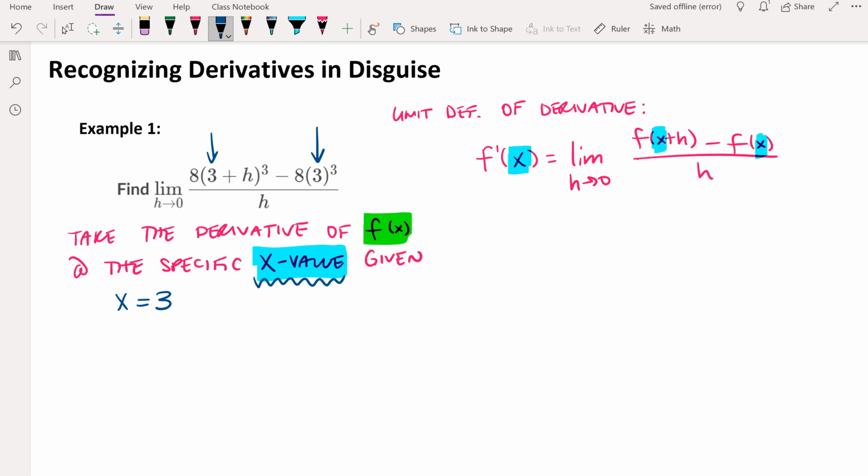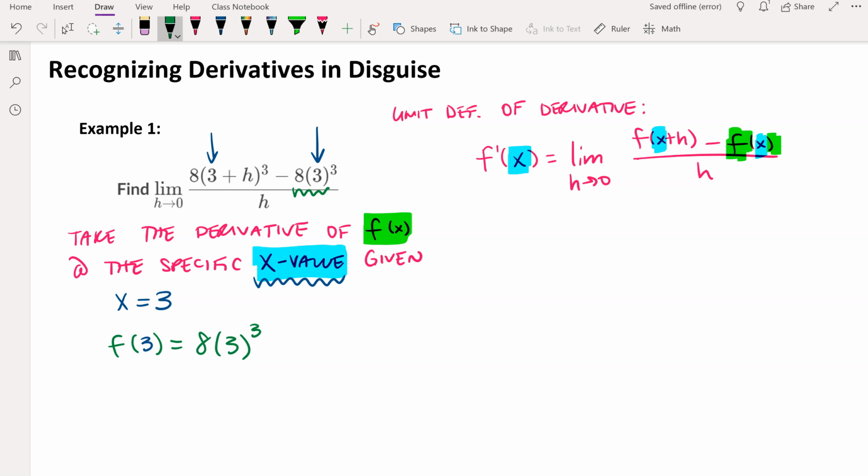Now we need to figure out what is f of x. So where should we be looking for f of x? Well, y'all, this function is f of x, this whole thing. So let's go ahead and write that down. Let's look right here. F of x is this. F of x equals 8 times 3 cubed. Oh, and sorry, it's not f of x here, right? It's f of 3 because they plugged in 3.